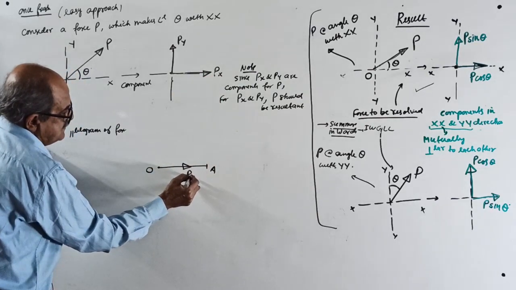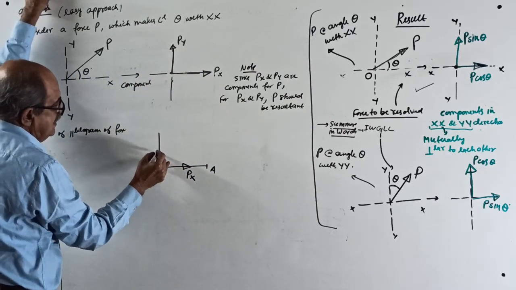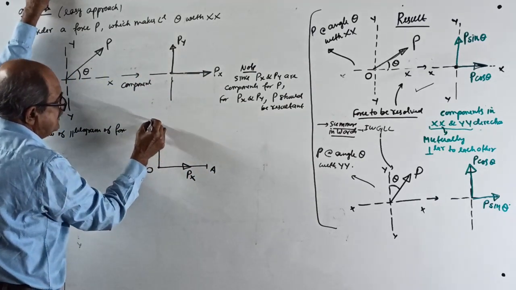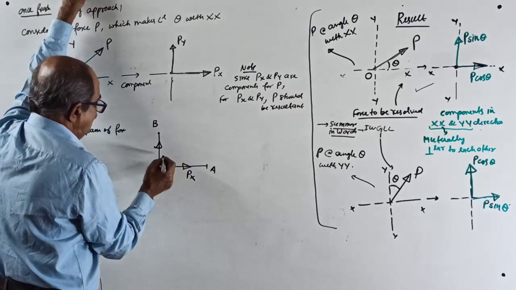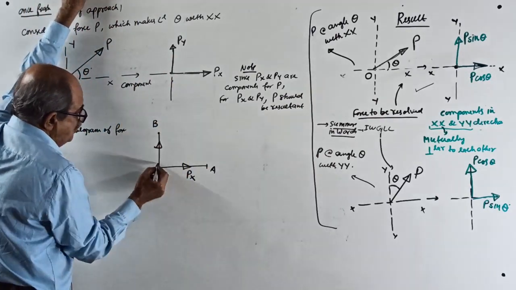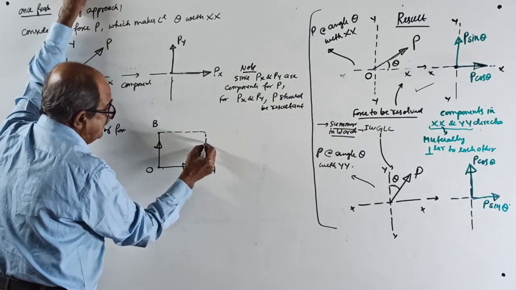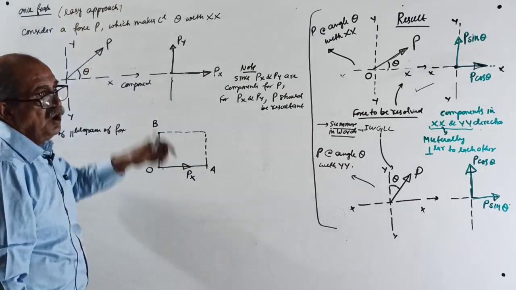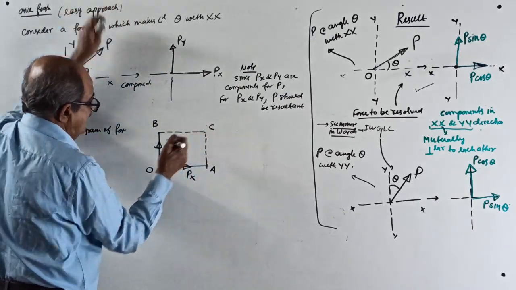This is Px. Represent Py by the line OB. Then they are perpendicular. Complete the parallelogram. You can tell this time it is not a parallelogram, it is a rectangle. I will call the point C.